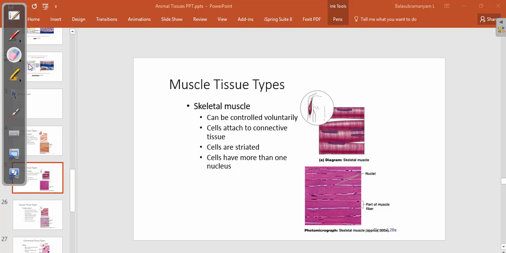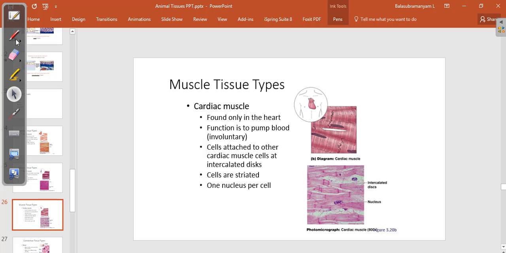And finally, let us have a look at the cardiac muscle. It almost looks like skeletal muscle, whereas the intercalated discs are the major difference here. The nucleus is also there. It's not commonly seen like in the skeletal muscle, and these are also called striated, and the nucleus is also limited to one per cell.